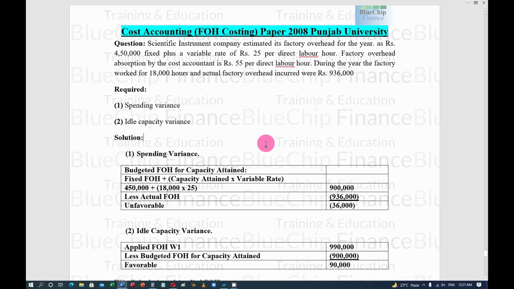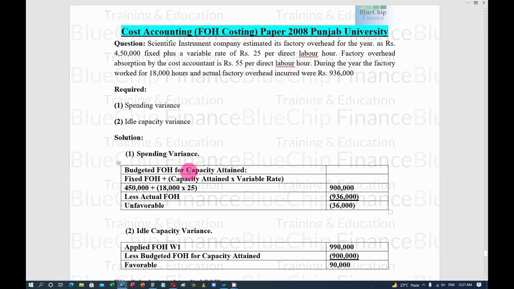First of all, spending variance is equal to budgeted FOH for capacity attained, which is equal to fixed plus a variable rate. Okay, 450,000 is fixed budgeted FOH.